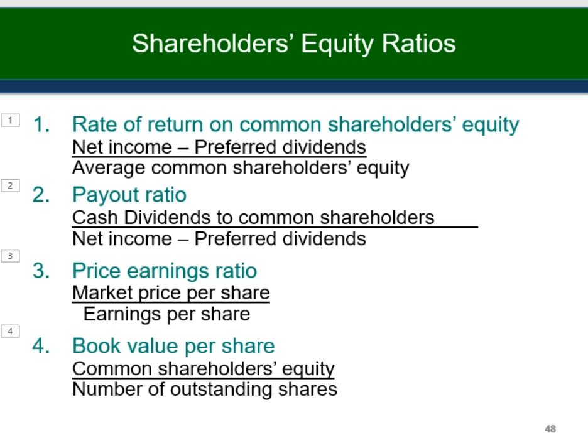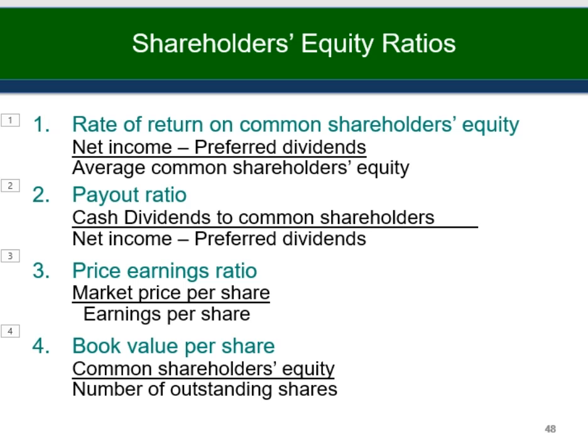The dividend payout ratio takes the cash dividends paid to common shareholders and divides that by the net income available to common shareholders, so net income minus preferred share dividends. Price earnings ratio, the market price per share and earnings per share. Earnings per share we talked about in 353. It's basically the earnings divided by the number of shares, weighted average of shares over the year.